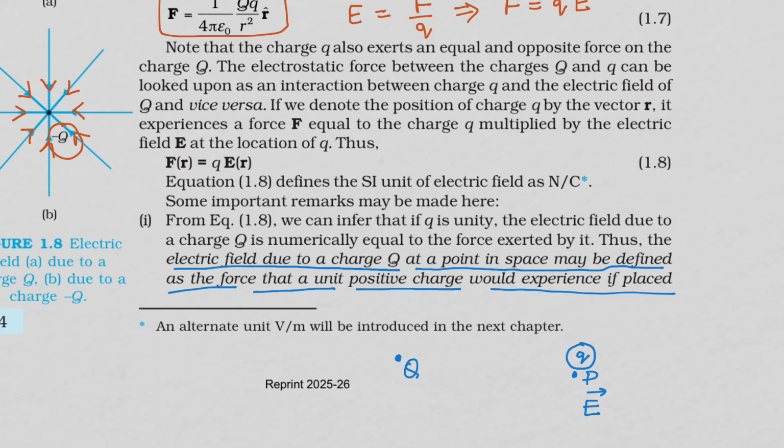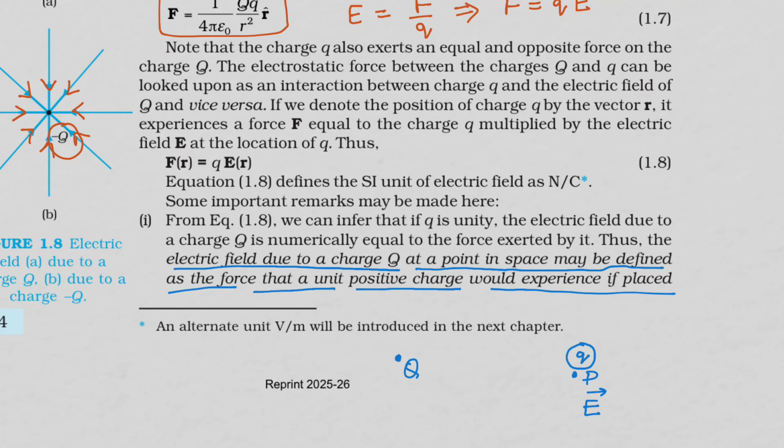Interestingly, the field actually is experienced by the charge at origin as well, by the capital Q charge. So as we know that at point P, if a unit positive charge small q is brought, then this charge will feel a kind of force due to the capital Q. The same way, capital Q will feel a force because of small q at point O, at the origin.